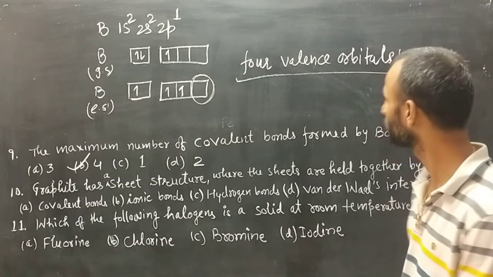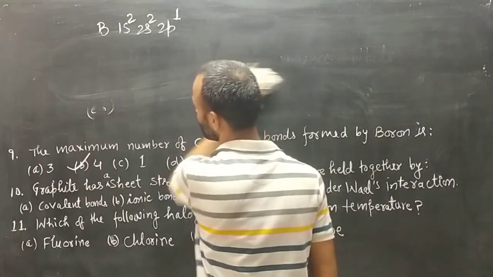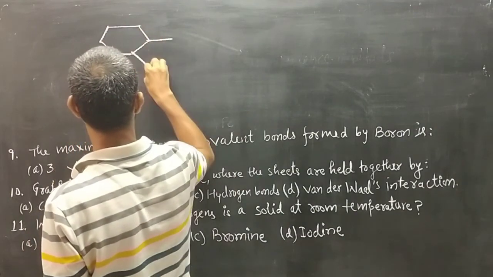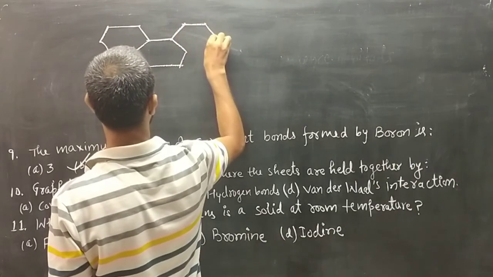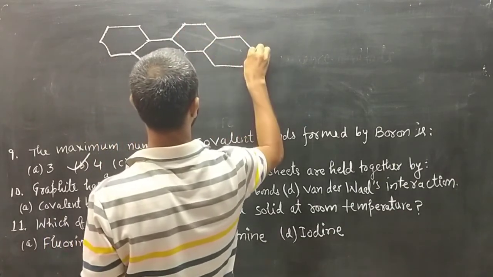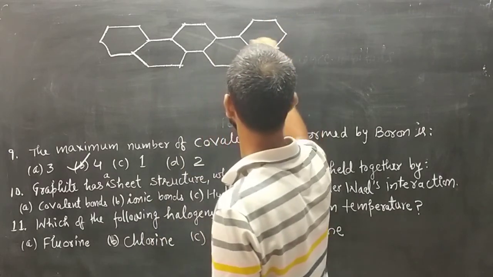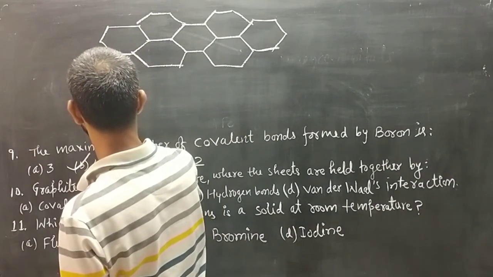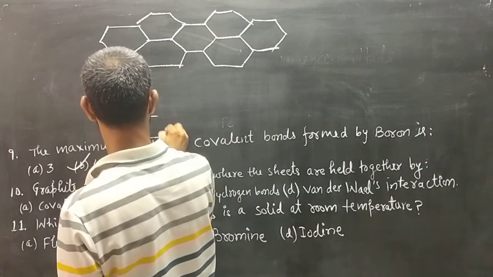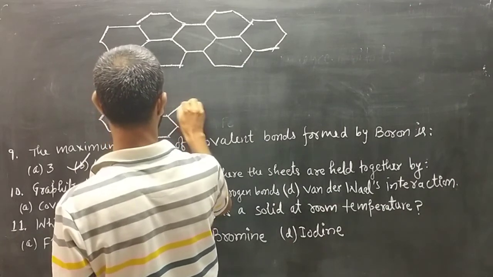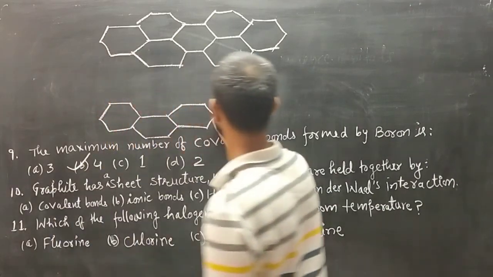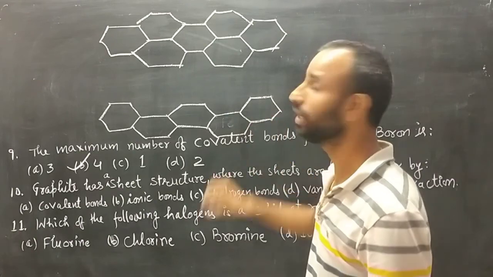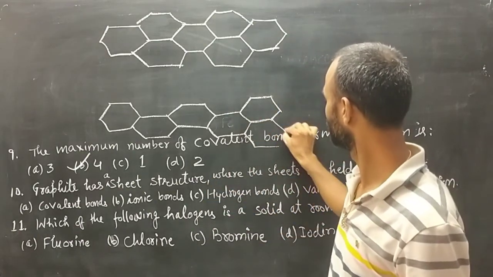Graphite. Next question. Graphite has a sheet structure, that you know. There are hexagonal layers. These layered structures interact with each other by van der Waals interaction.